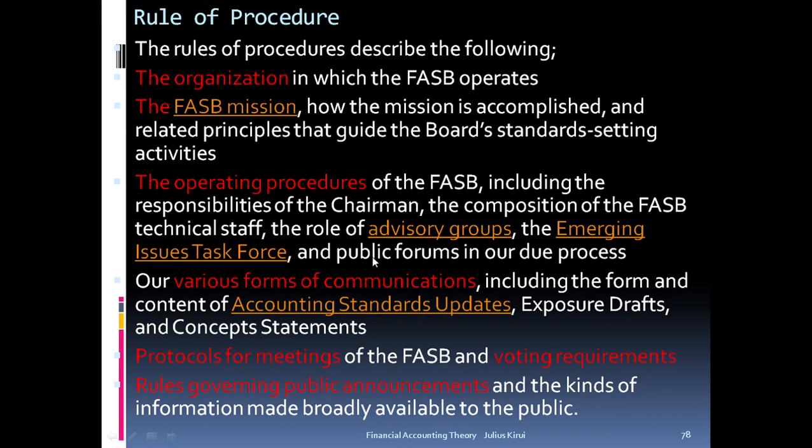The organization, the board mission, the operation procedures, the advisory groups, the form of communication, then the protocol for meetings, and finally rules governing announcement. How will you make the information reach the respective stakeholders?